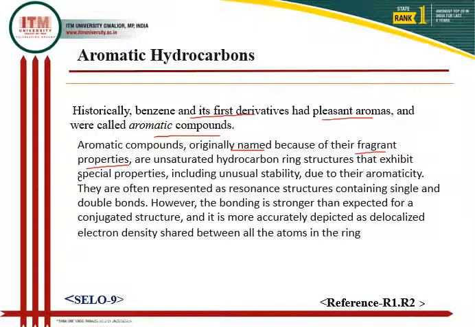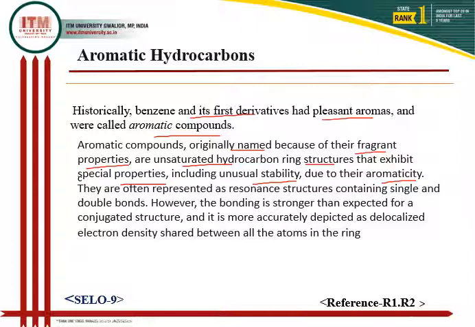So the name is given because of their pleasant fragrance. The aromatic hydrocarbons are unsaturated hydrocarbons having a ring structure and exhibiting special properties, including unusual stability, and this is because of their aromaticity.